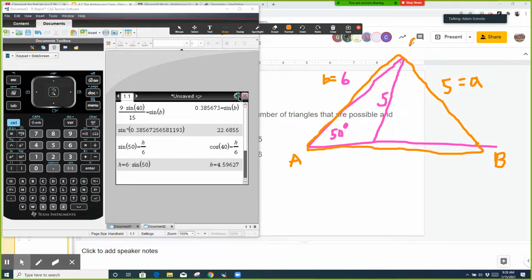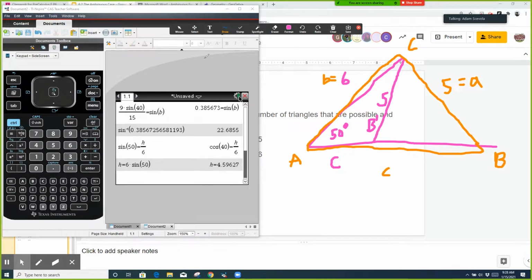And then this is side C, or angle C. And in the pink triangle, we're going to call this angle B prime because you'll see it's similar to B. And this would be a side C for the smaller pink triangle.